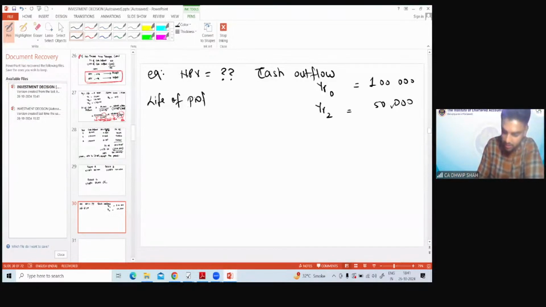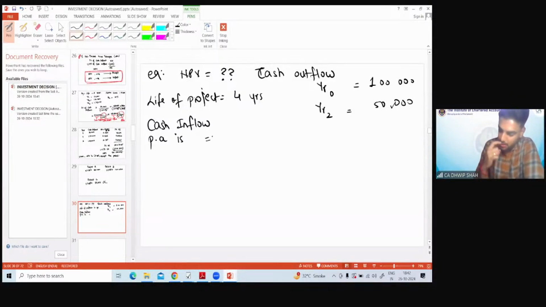The life of the project is 4 years. Cash inflow per annum, let's say, is 2 lakh 50 thousand for all the 4 years, 2 lakh 50 each.